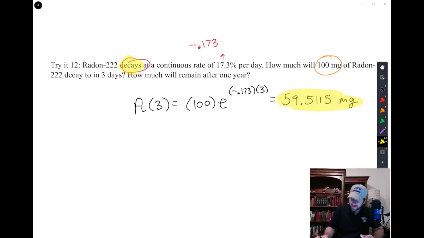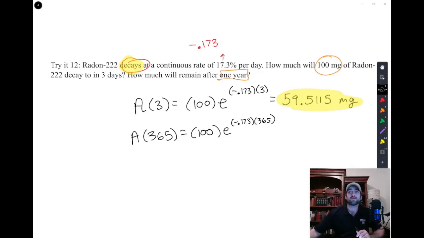But watch what happens after 1 year. So that means we're going to plug in 365 days for a whole year. We're still starting with 100 milligrams, e to the same rate, negative 0.173 times 365. So all we're doing is replacing that 3 with 365 in the calculator.